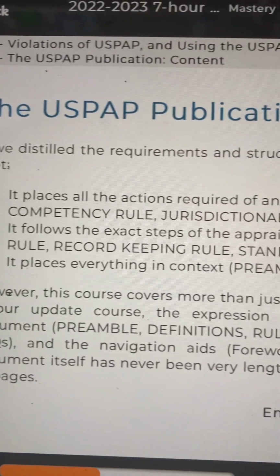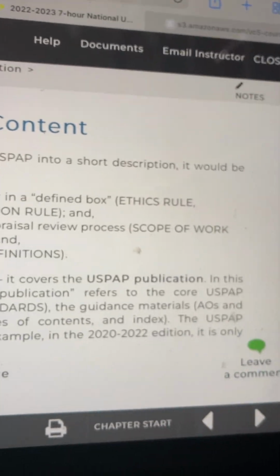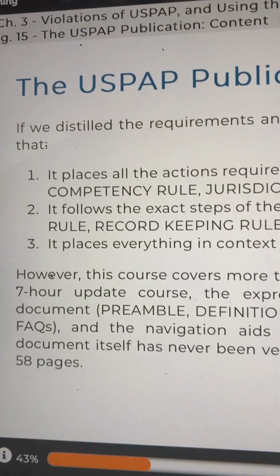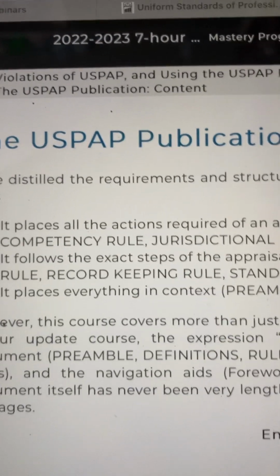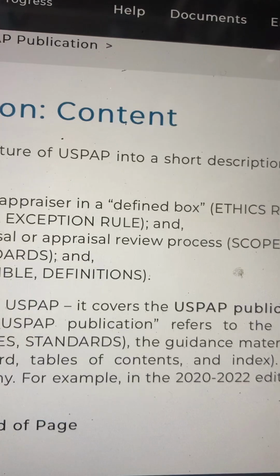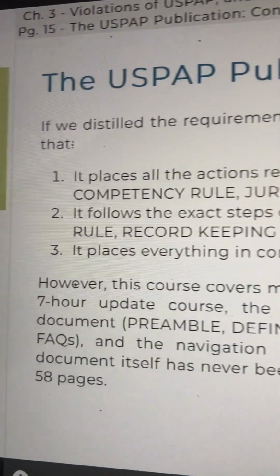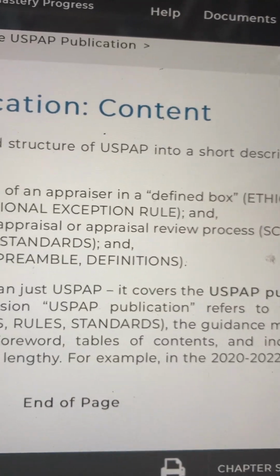If we distilled the requirements and structure of USPAP into a short description, it would be that, number one, it places all the actions required of an appraiser in a defined box: ethics rule, competency rule, jurisdictional exemption rule.